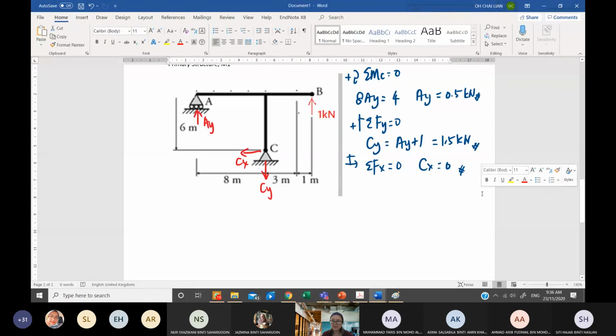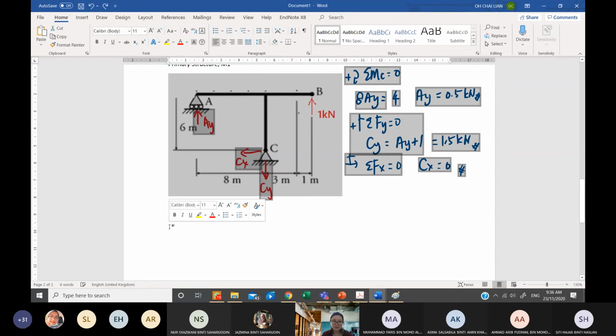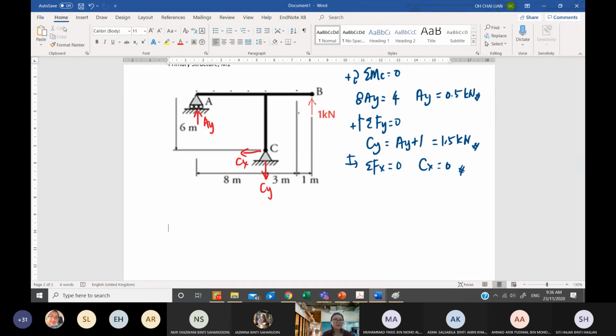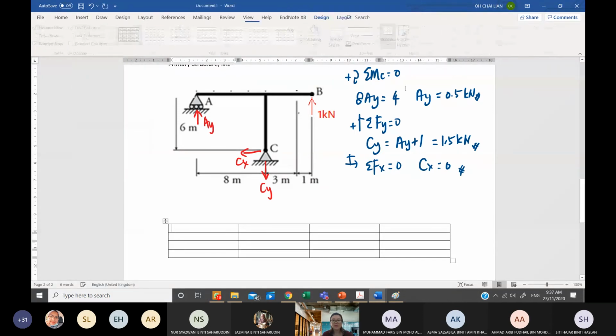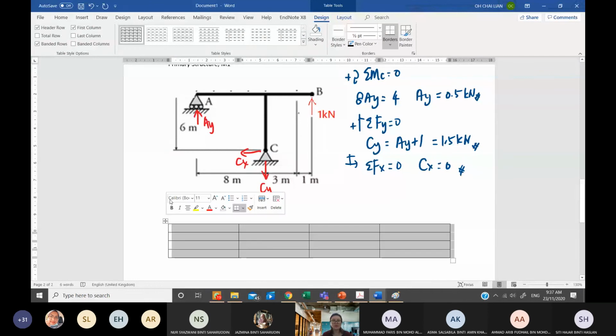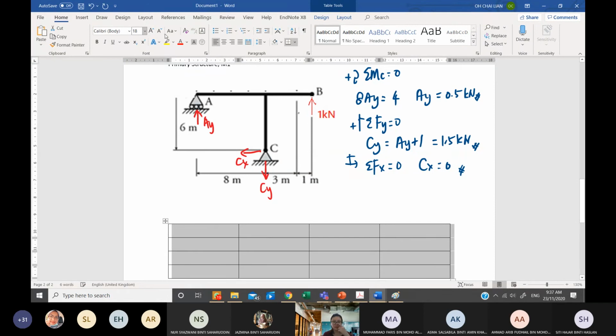Okay, you can create it as well. Okay, I insert my table: M0, M1, range. I think this is sufficient. I'm going to put it larger, maybe 20, maybe 18.